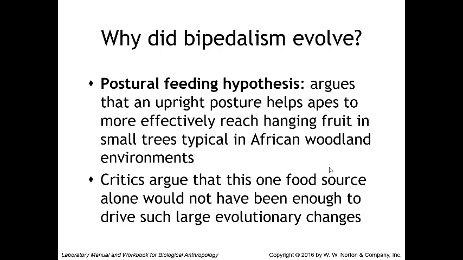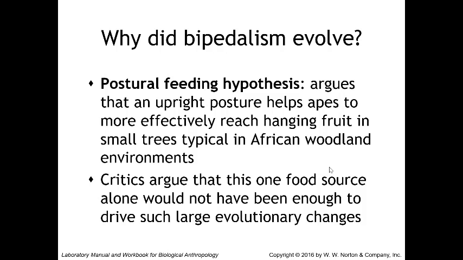The earliest bipeds in our lineage became upright not because of walking, but because of standing to collect these fruits. Once our ancestors had adapted a few traits that helped with balancing in an upright posture, additional traits that helped with walking upright became favored as well.